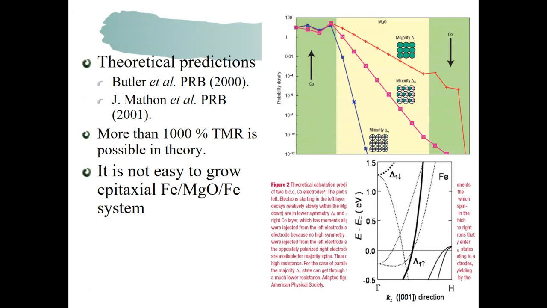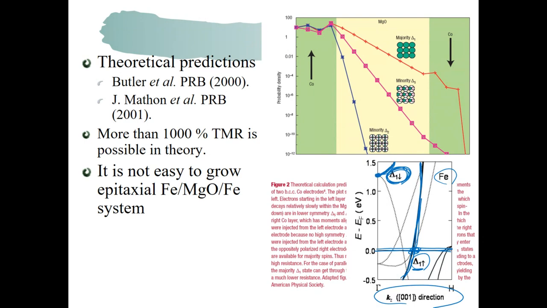Let's take a look at this band structure. Here, this is the iron band structure, and this bold black one is the delta 1 band for spin up. But for the delta 1 band for spin down, the band structure starts here.